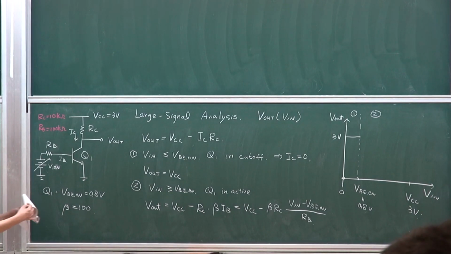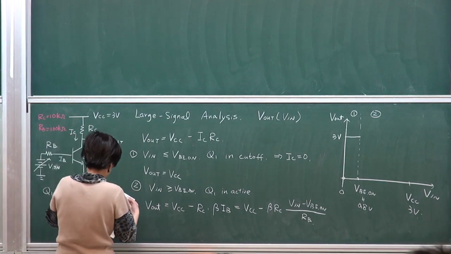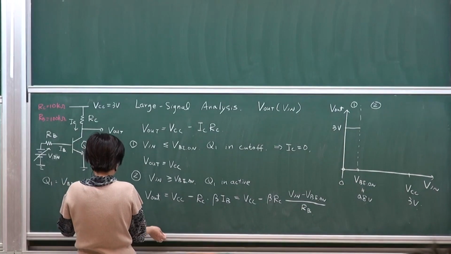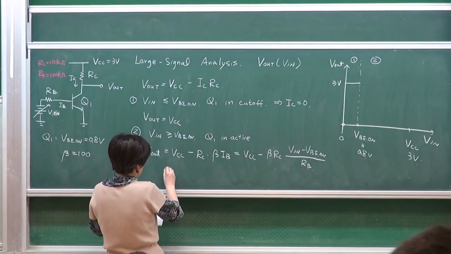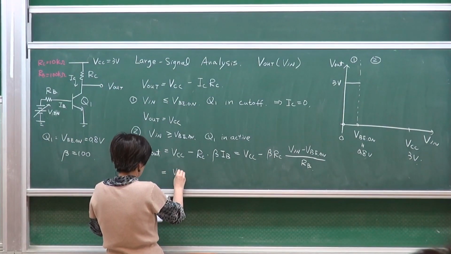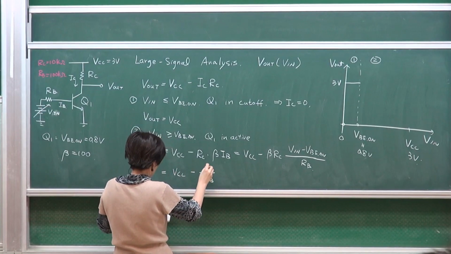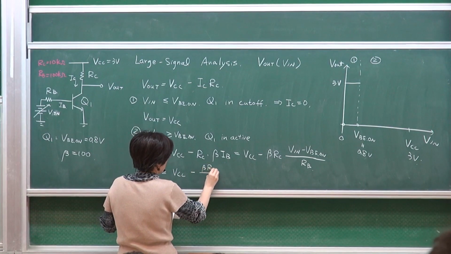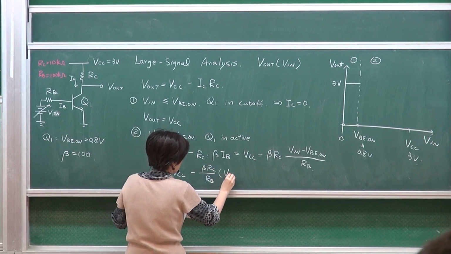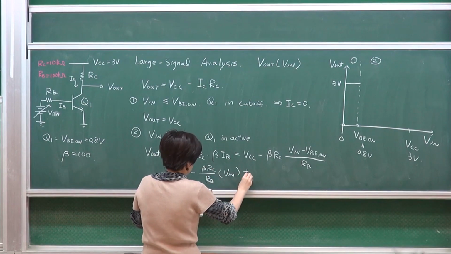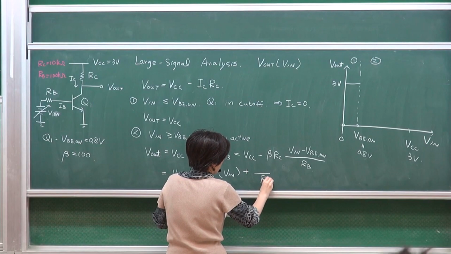So you do some rearrangement, and you can actually get the equation to look something like this. This will be VCC, RB, beta RC, Vin plus RB.